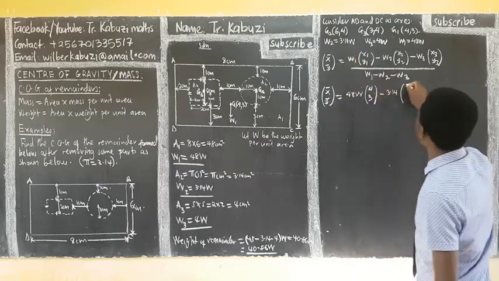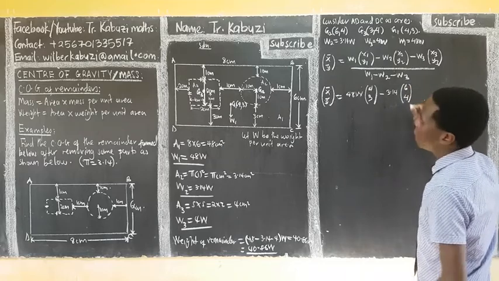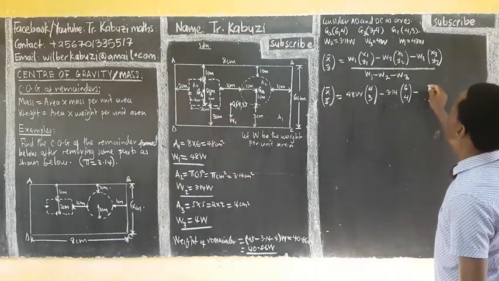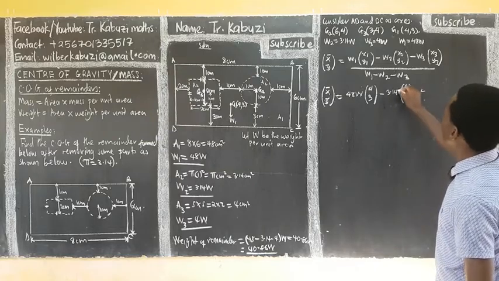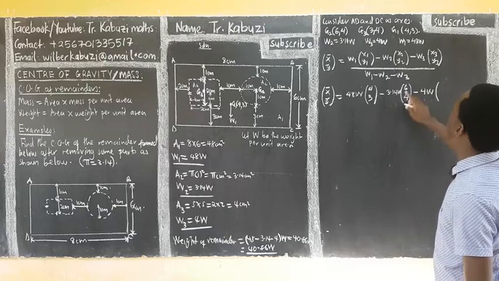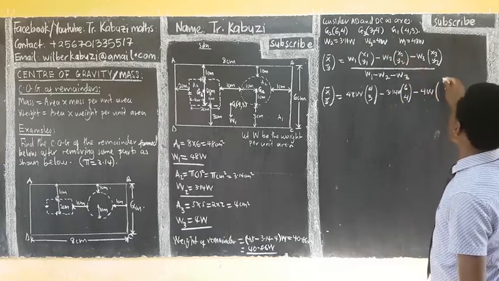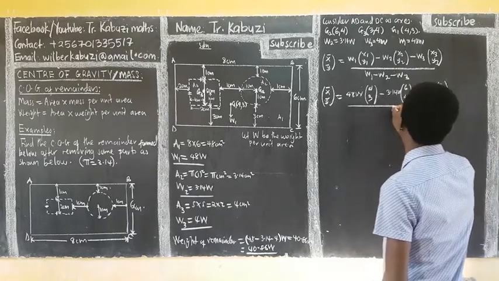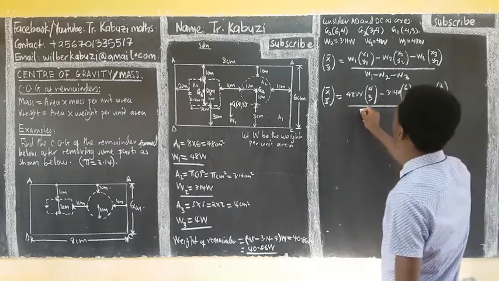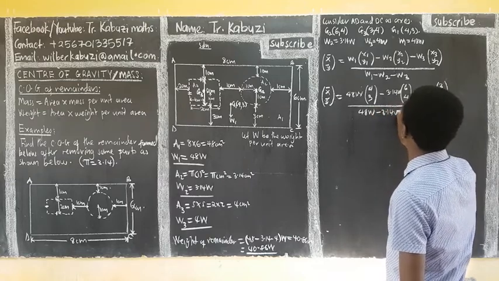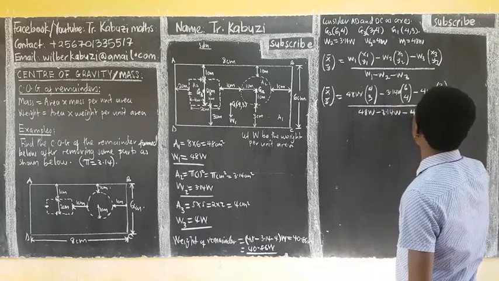It's acting at 6, 4, from this axis we chose. Then minus weight 3, which is 4 W, into now, where is it acting? It's acting at 3, 4. The whole over 48 W minus 3.14 W minus 4 W.